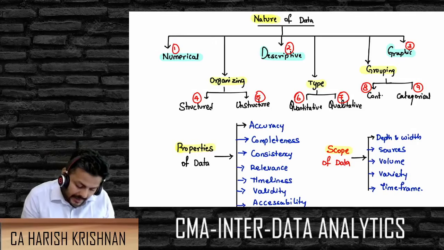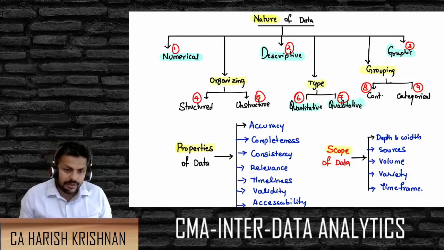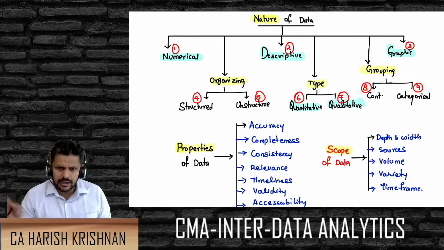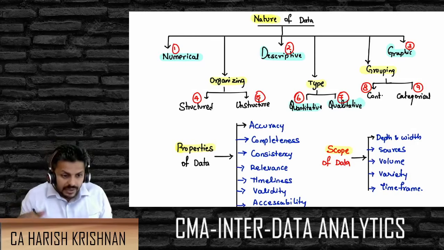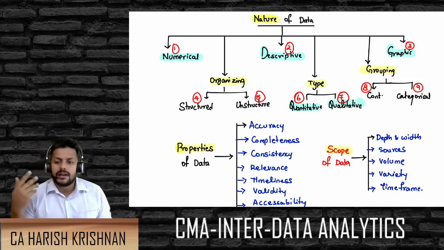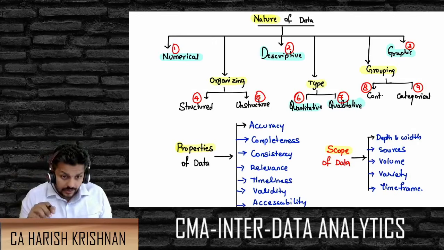Now, going by the types of data, it can either be content or numbers. So quantitative data and qualitative data are the two types of data. But if you see data based on the organizing pattern, if data is neatly organized, not yet processed but at least neatly organized, then it is called structured data.